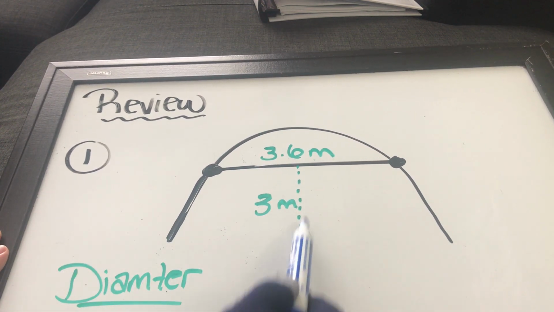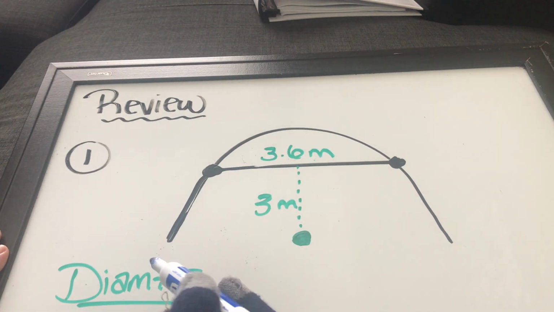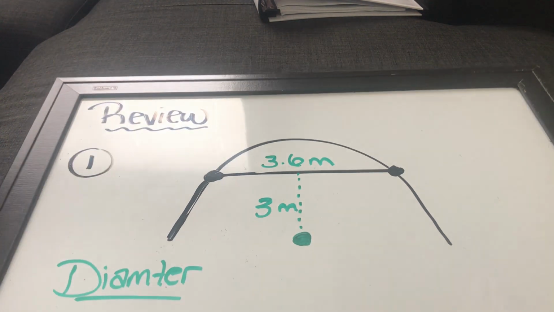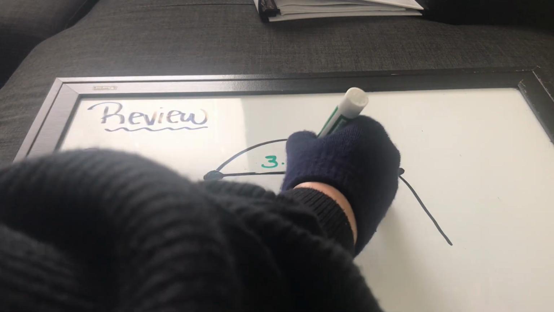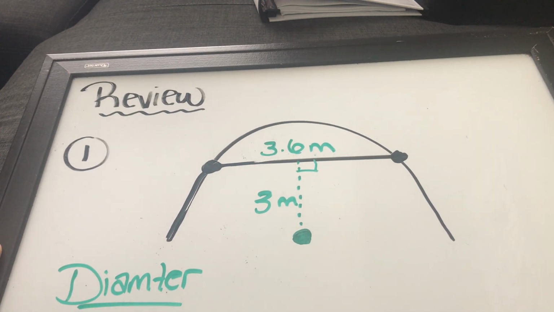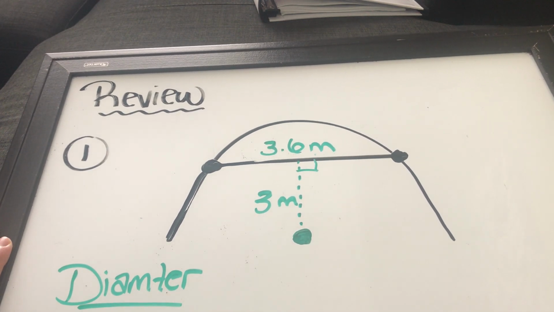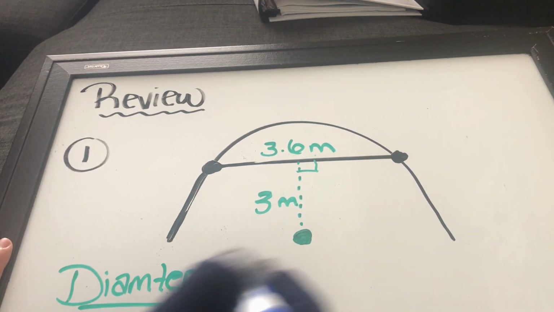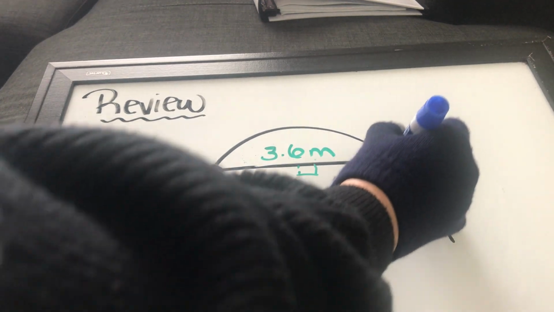Now, when we connect the center of the circle to this chord, and we know that height, we'll create a 90-degree angle with the base. This is kind of grade 7 review. Then I know that this could be a right angle triangle.